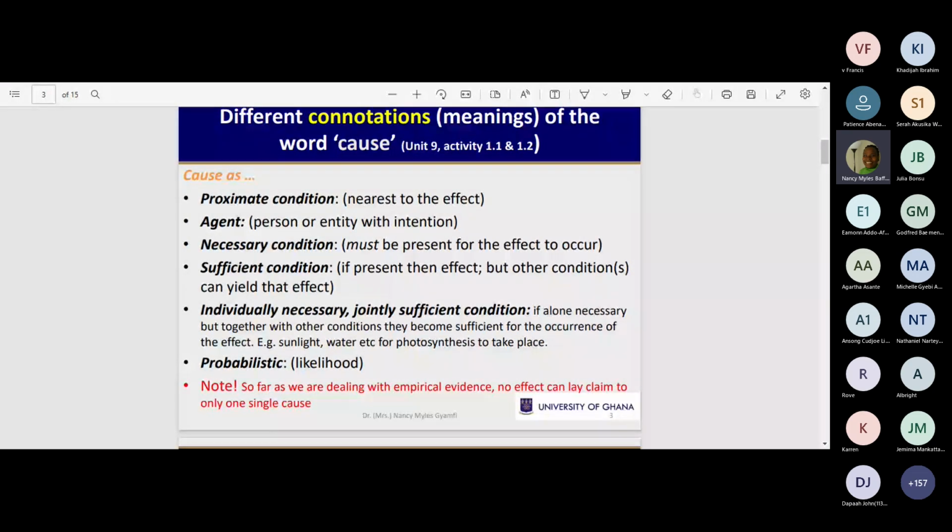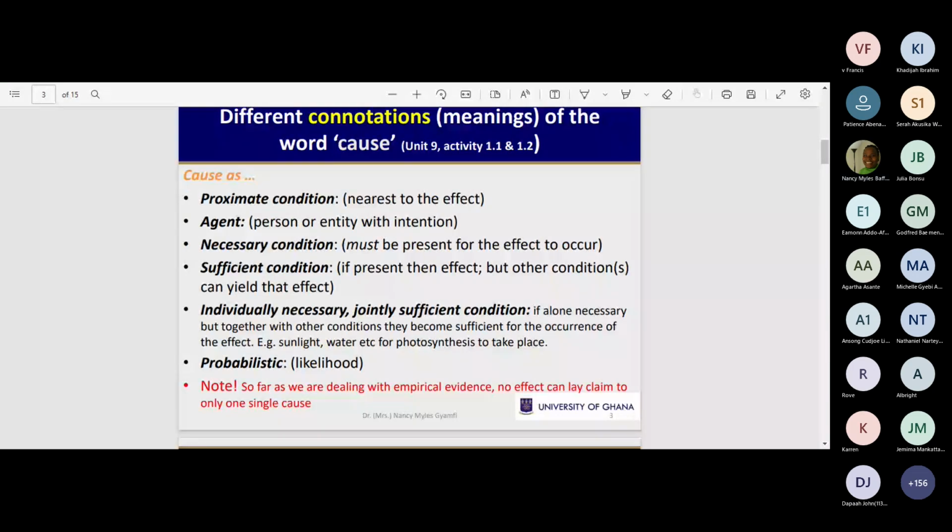So if the secretary gossiped about the boss, and so the CEO sacked the boss, when we ask what caused the boss's sack, and we are looking for cause as the agent behind it, it will be the secretary. But what immediately sacked him may be the gossip, whatever the news was in the gossip. So there's what immediately caused something, the proximate cause, and then you may be asking rather about the agent, the entity behind.